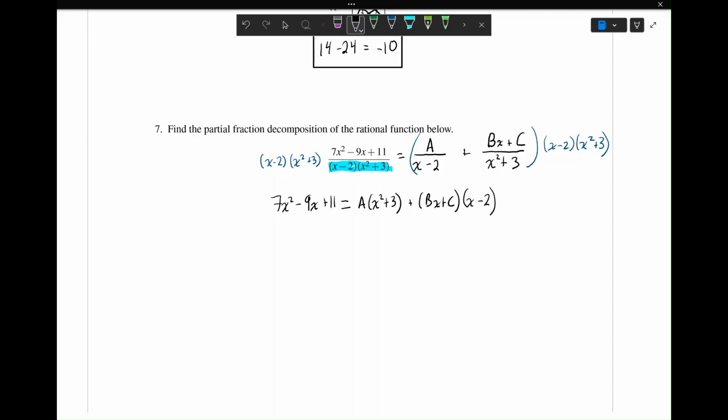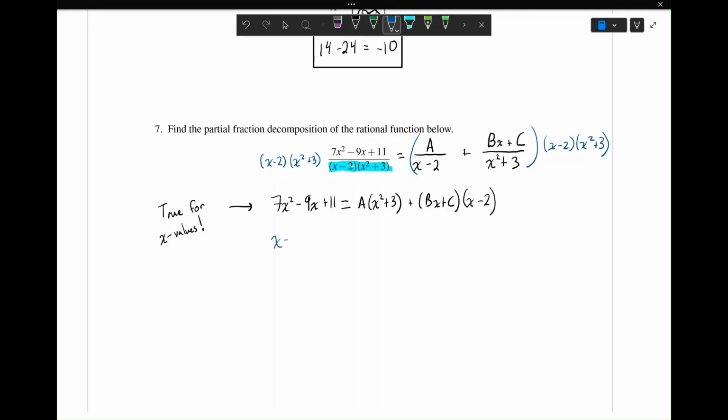Now, the thing to remember here is that this has to be true for all x values. So we can equate coefficients to make a system of equations, but we can also plug in x values to make simpler equations.